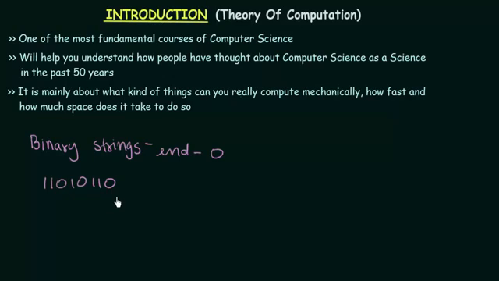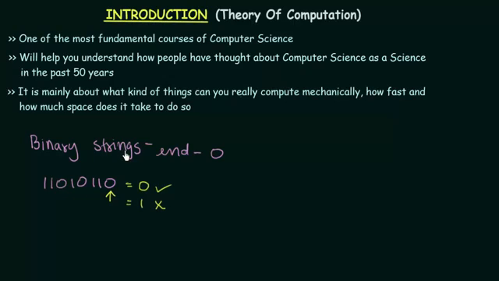A machine would scan the last digit in the same way, accepting if it is 0 and rejecting if it is 1, because our machine is supposed to accept all binary strings that end in 0. That was a very simple example.